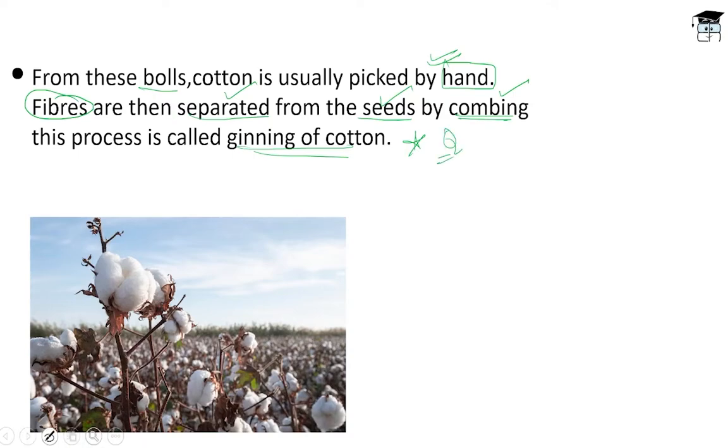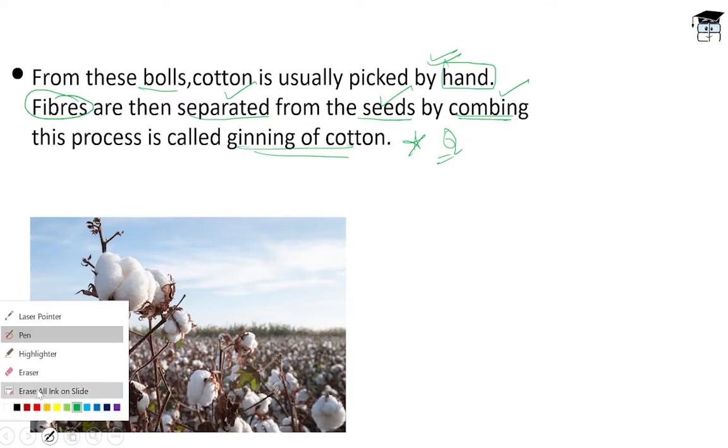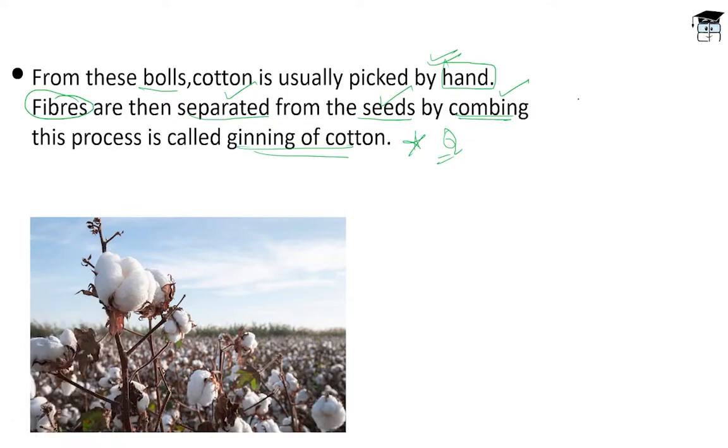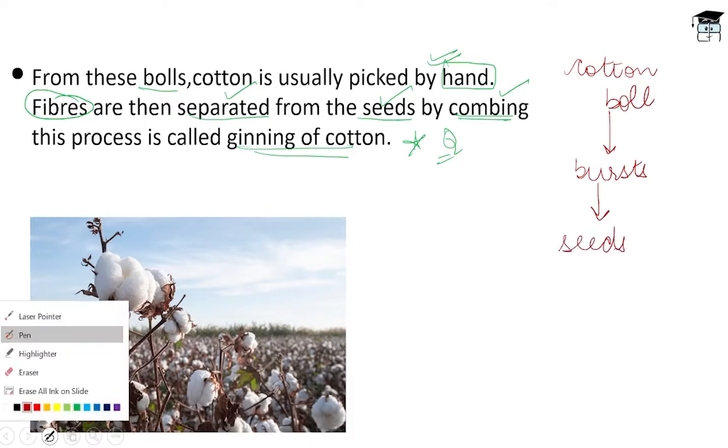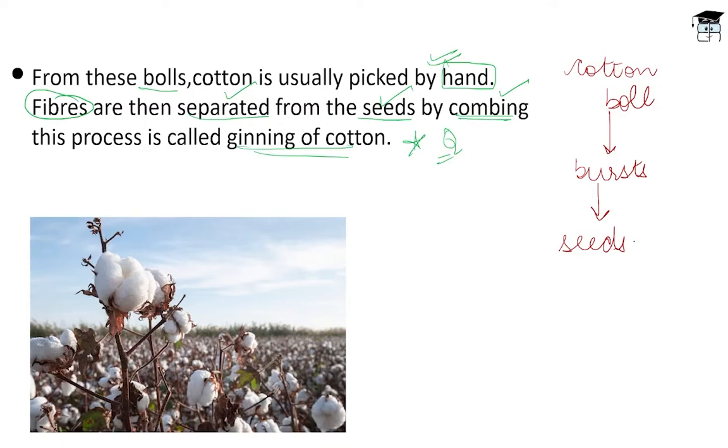Now let me summarize this for you. Look here. I have a cotton ball. Now this cotton ball bursts and it produces seeds. These seeds have fibers associated with them.